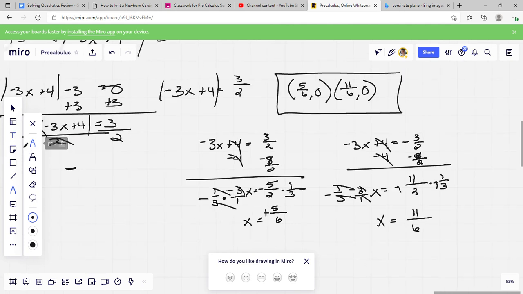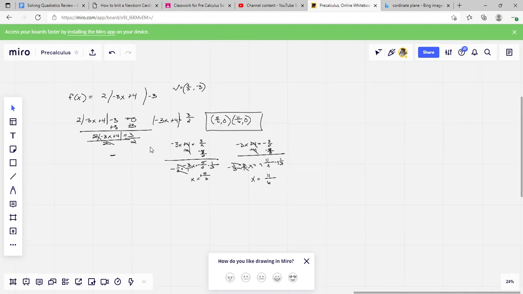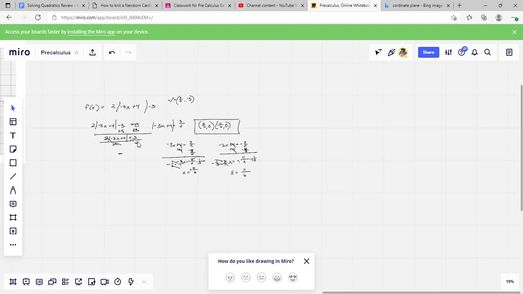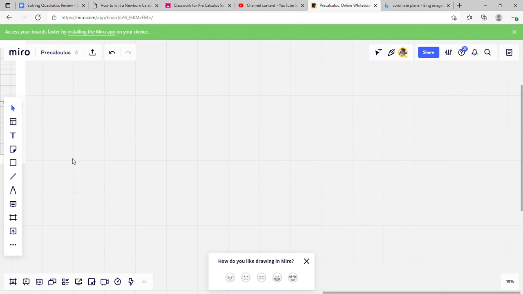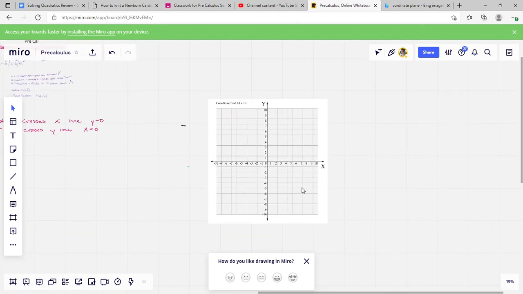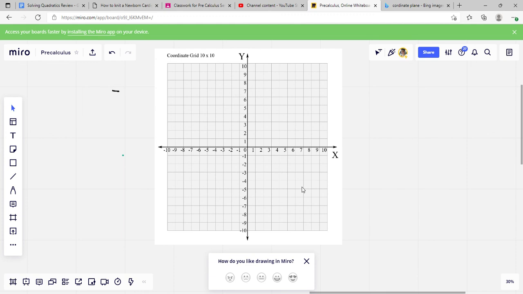There is a possibility that you might run into some absolute value equations that do not cross the x line. All of them are going to cross the y line at some point. They usually don't ask you about where it crosses the y. It's usually where it crosses the x. Now, some of them don't cross the x.